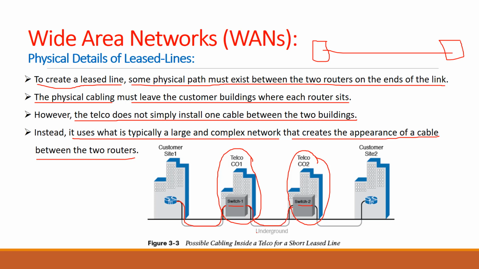All these cables are underground, and switch 2 is connected to router 2. The eventual diagram will look like a leased line between the two routers. But the actual figure is that the routers are connected through telephone company switches.